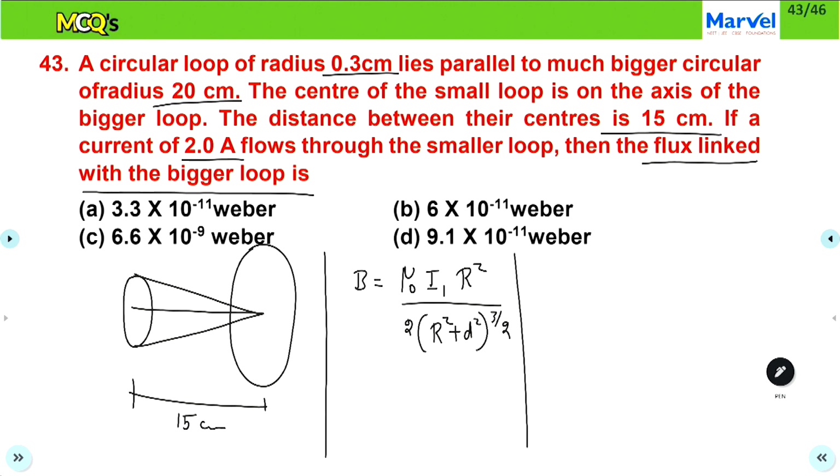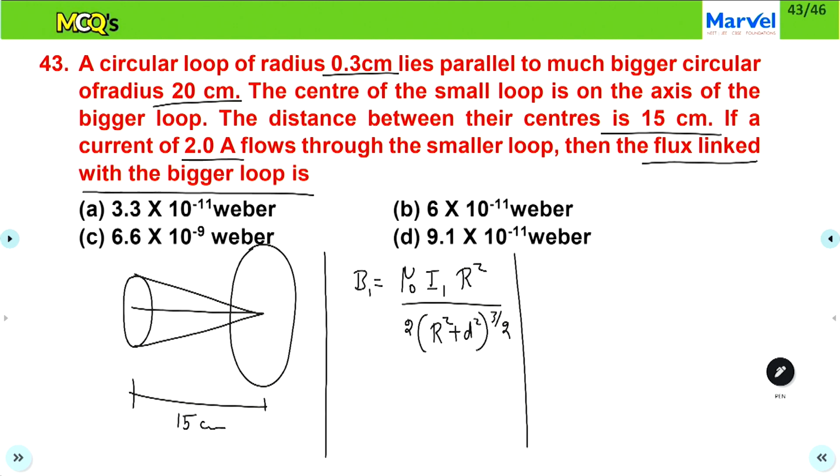Now we have to substitute all the values into this, but I am not going to do it now. I will be doing it at last. So this is the magnetic field offered by the smaller loop, which I will call B1. So what is the flux that is linked with the bigger one?